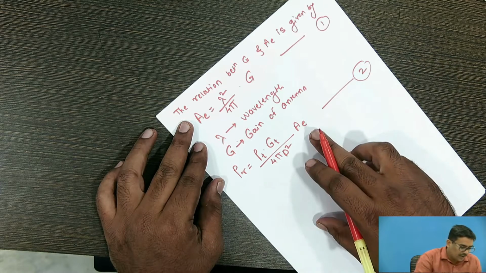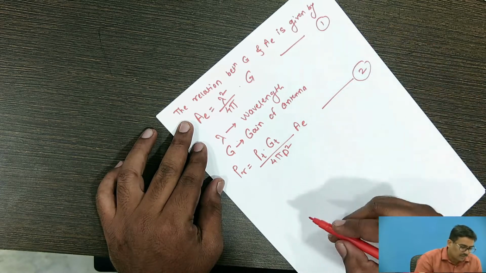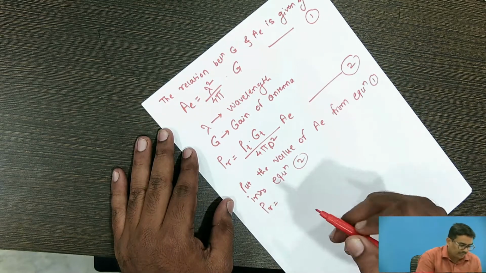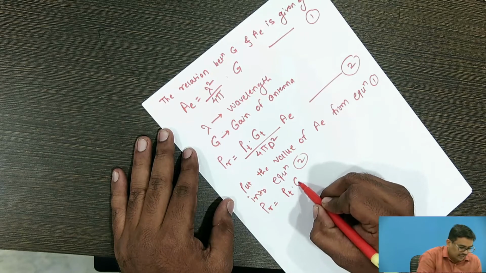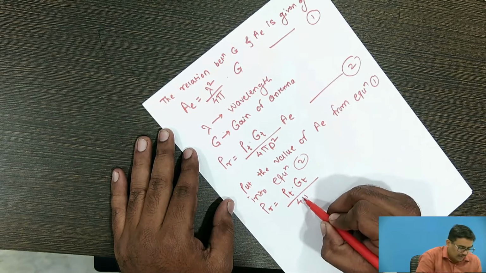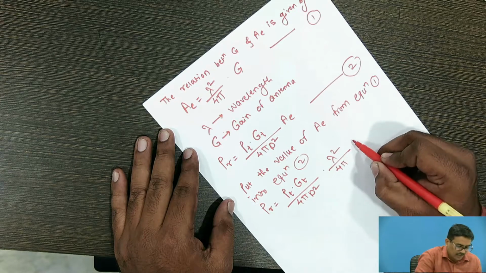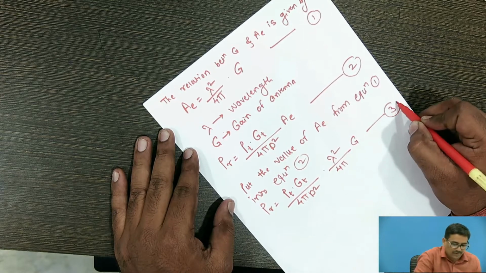Now put the value of AE from equation number 1 into equation number 2. We get PR is equal to PT GT divided by 4 pi d square into A, where A is lambda square by 4 pi into G. This is the equation we get.